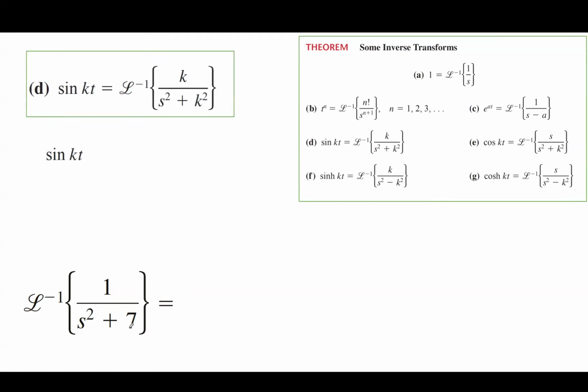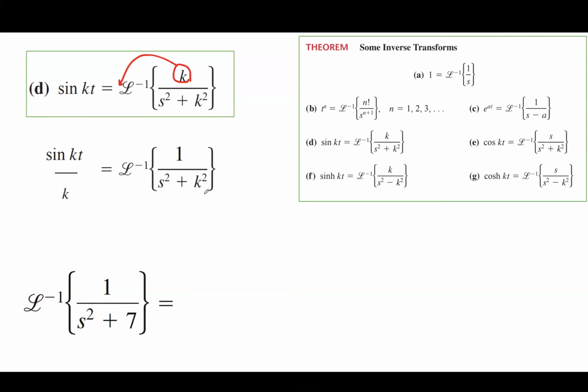Sine of kt divided by k: remember that k is a number, so you can take this k and write it in front of your inverse Laplace as an operation, and then divide both sides by k. It's equal to the inverse Laplace of 1 divided by s squared plus k squared.